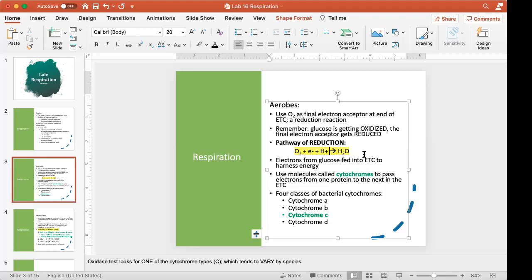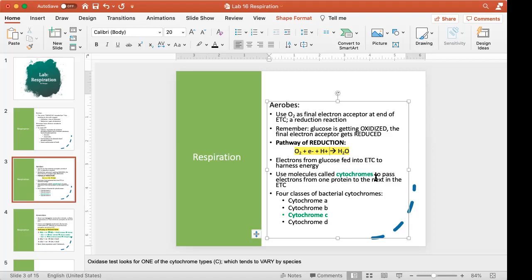There are helper molecules in the electron transport chain that are passing the electrons from one complex to the next complex. In lecture, we talked about a molecule called Q or ubiquinone. And there's another molecule called a cytochrome. And I have the word highlighted here.